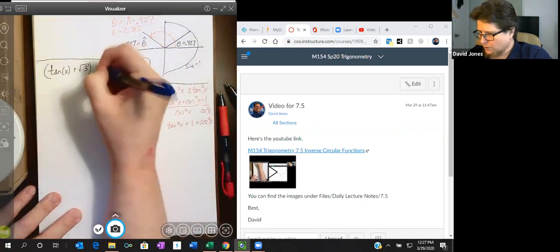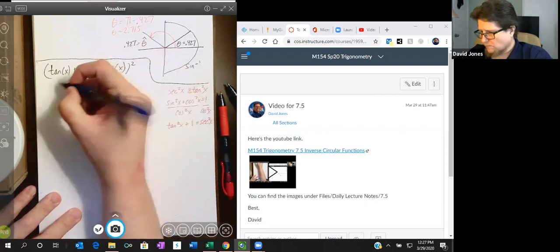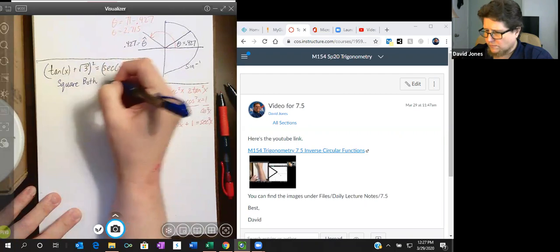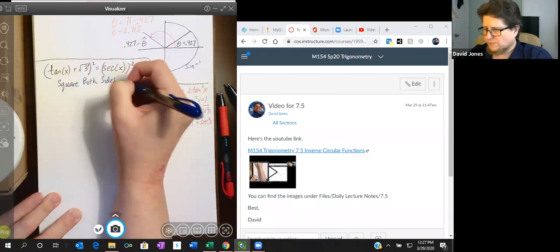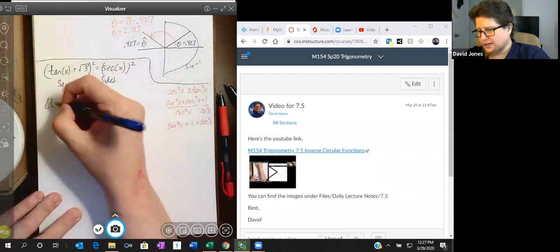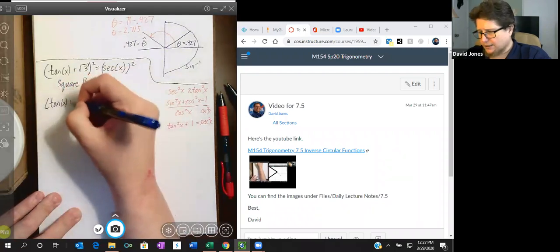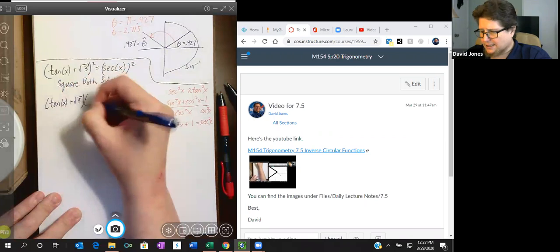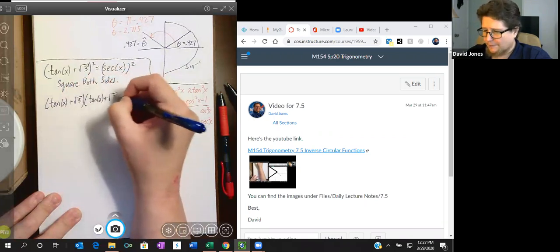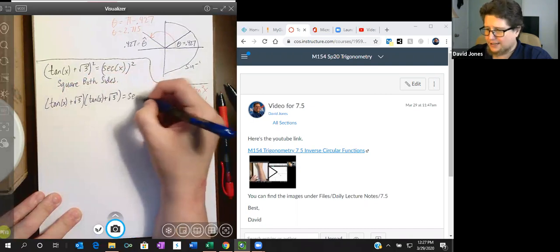I'm going to square both sides. And don't be hasty. Remember, this is tangent x plus square root of 3 times tangent x plus square root of 3. The right side is just secant squared x.